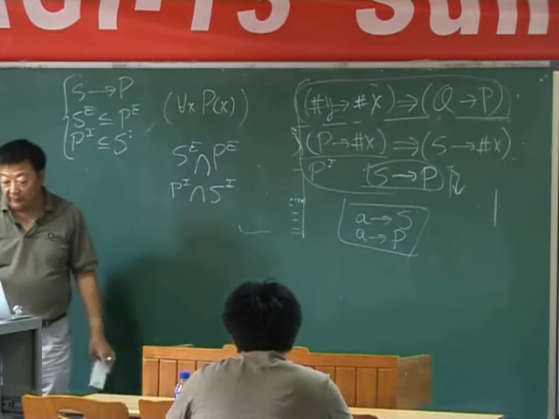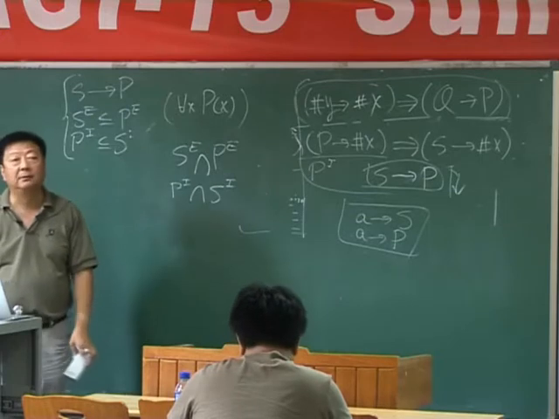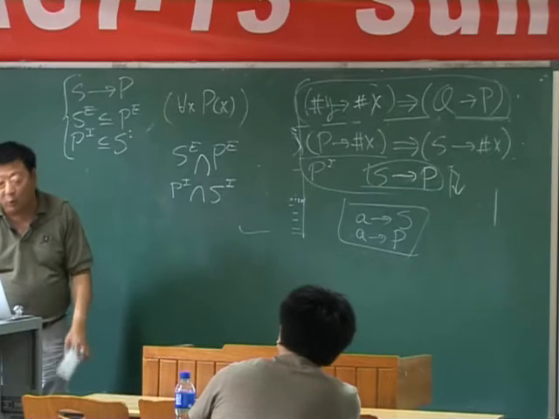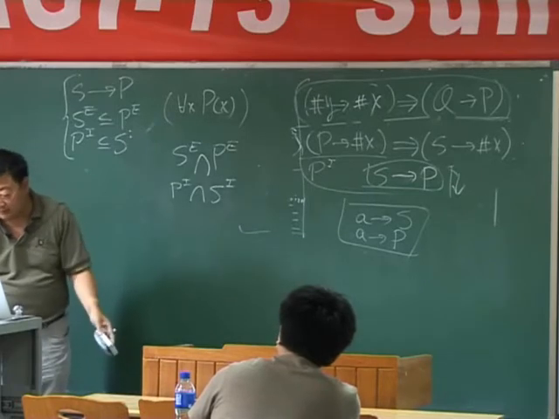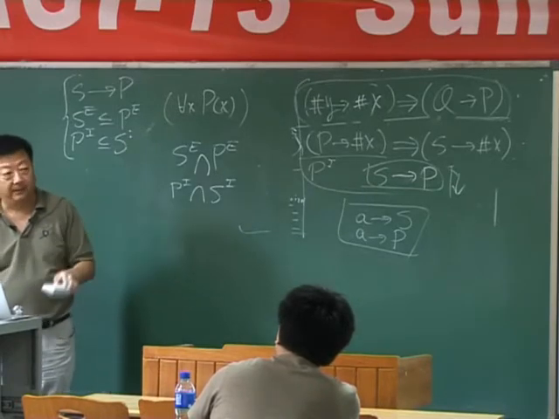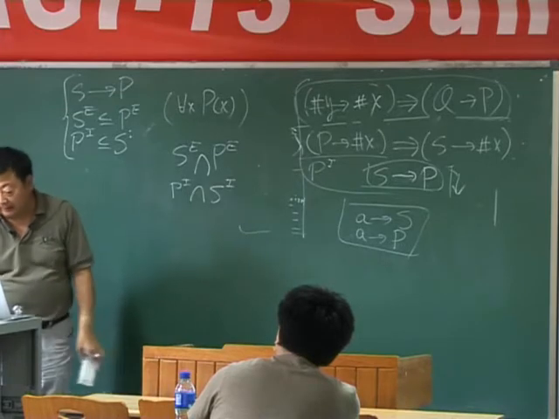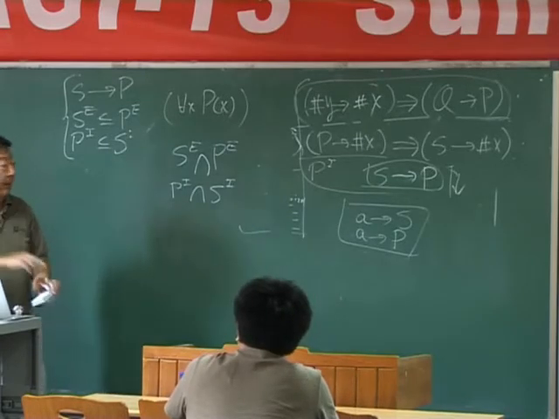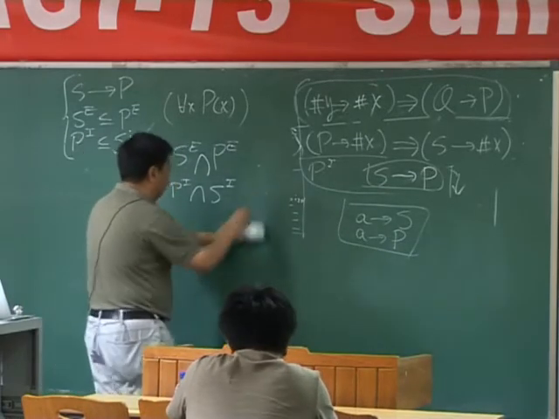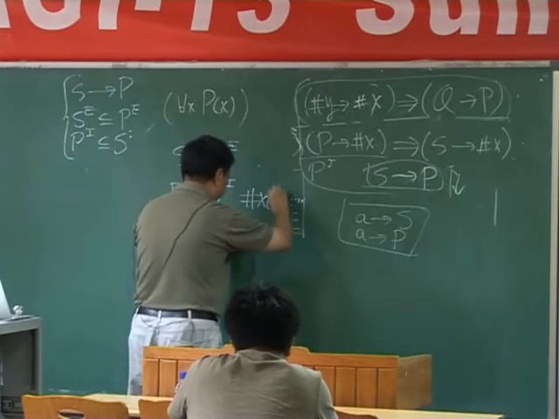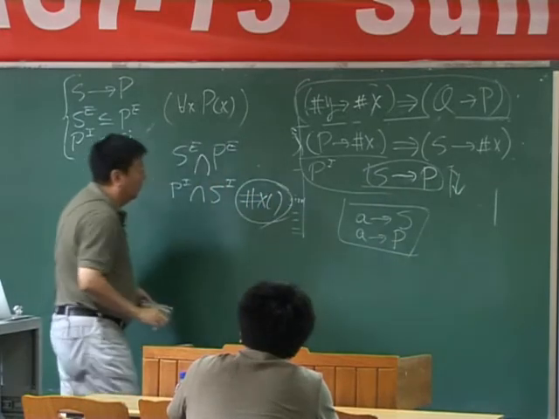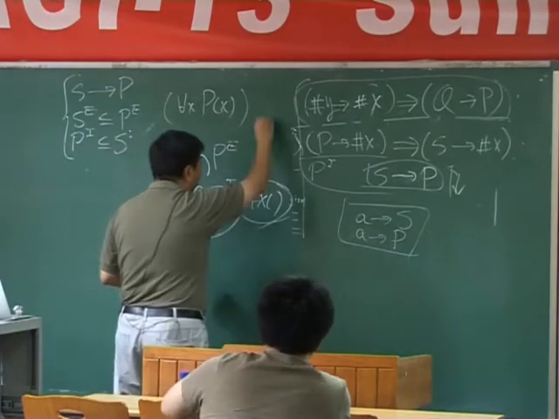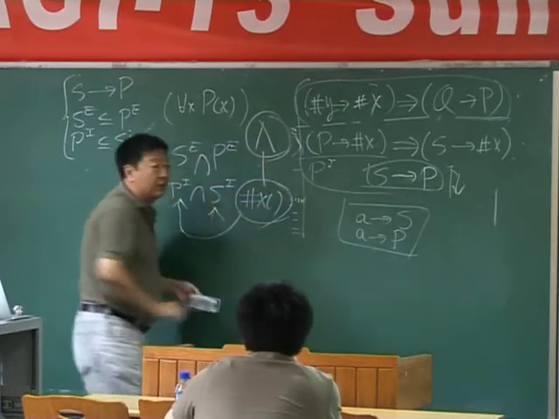Okay? So for the dependent variable, the typical or meaningful format is to say that there is something which is both in the extension of S and in the extension of P. Or you can say it's in the intension of P and in the intension of S. In other words, this thing always appears on both sides of a conjunction.